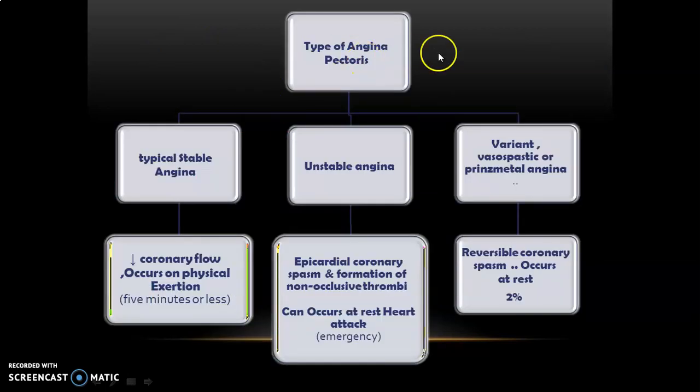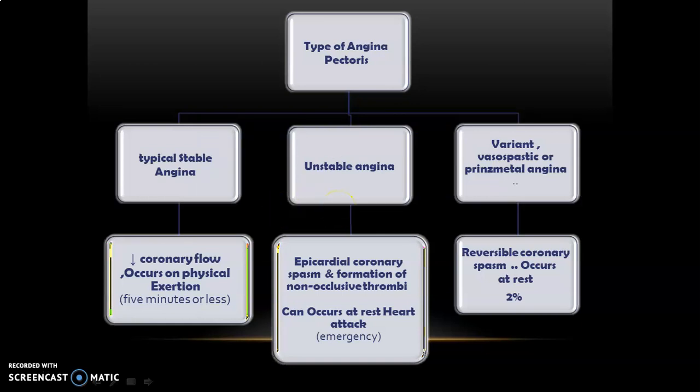Now let's see the different types of angina pectoris. There are three major types: typical or stable angina, second unstable angina, and third the variant, also known as Prinzmetal angina. In typical or stable angina, there is decreased coronary flow, it occurs on physical exertion, and lasts for 5 minutes or less.